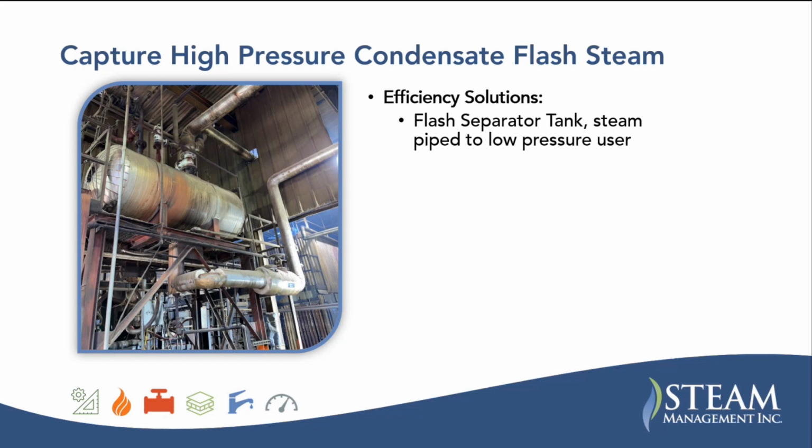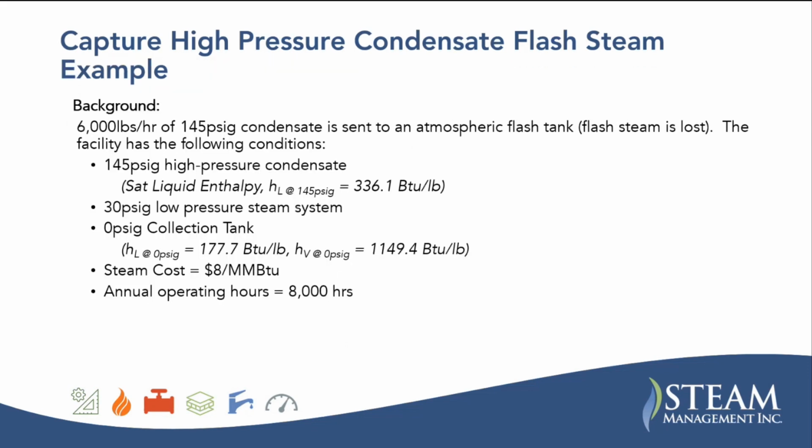This is an example of an existing flash tank, obviously not a new retrofit, at a veneer mill that we did a project at this year. The steam is flashing off, being routed to their low pressure steam system, and the condensate continues on to the lower pressure collection system.